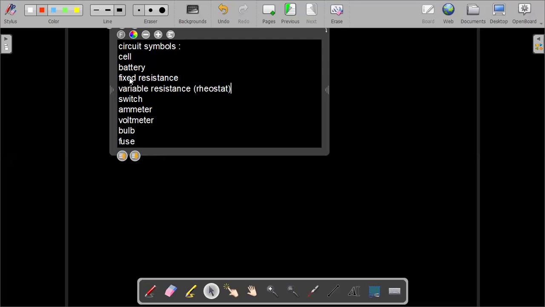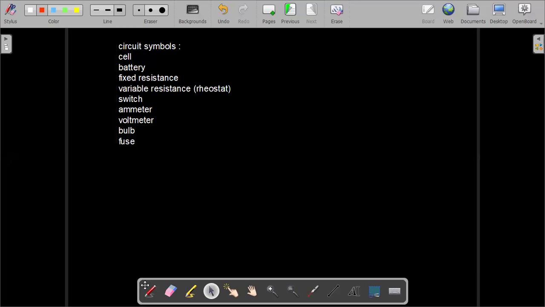So what are the symbols here? See, a cell is represented like this: positive terminal, negative terminal, positive terminal, again negative terminal. But a single cell will be represented with just one vertical line which is bigger and another vertical line which is smaller. The bigger vertical line represents the positive terminal. The smaller vertical line represents the negative terminal.